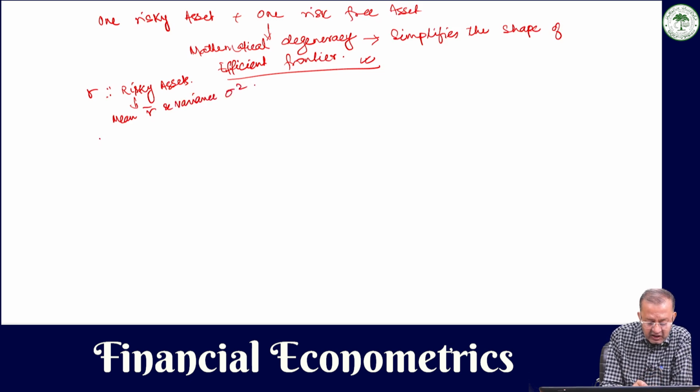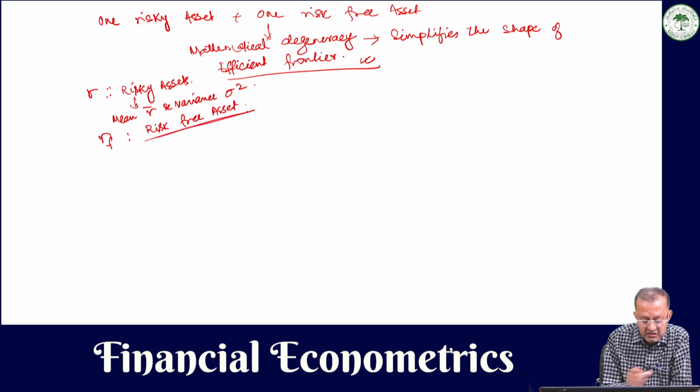There is another asset, RF, the risk-free asset, and here the value of sigma will be equal to 0.